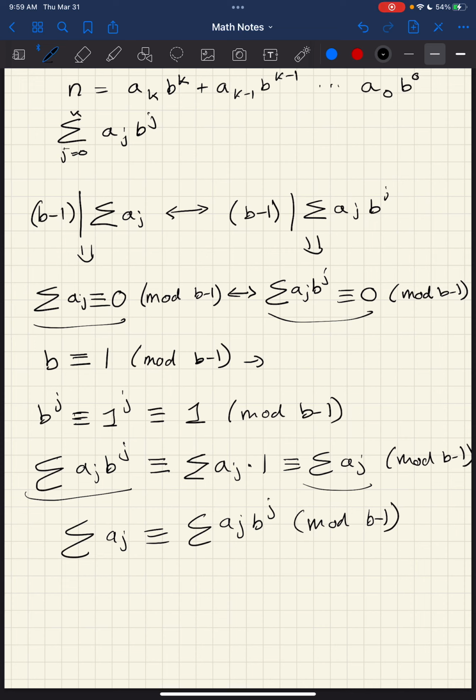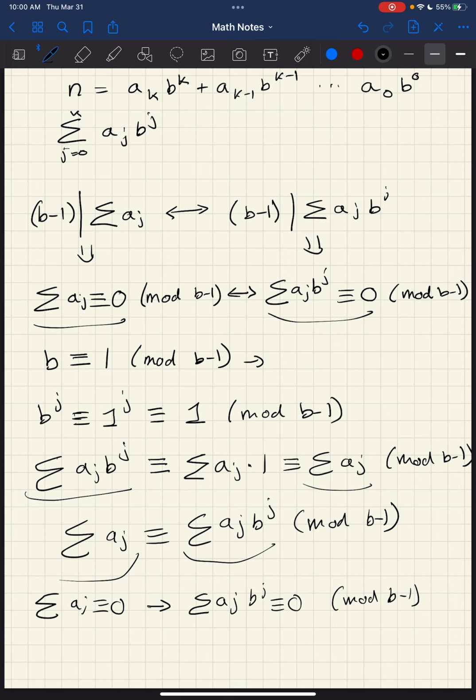And also, it goes the other way around. If the number is congruent to 0 mod b minus 1, then the sum of the digits is also congruent to 0 mod b minus 1. And we can write that like this: the sum congruent to 0 implies that the number is congruent to 0 in mod b minus 1.